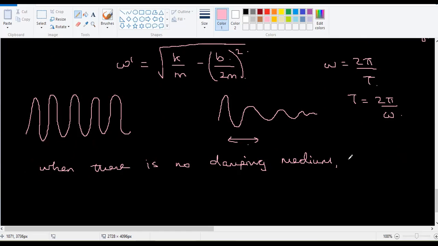What does that mean? b becomes 0. When b becomes 0, omega dash will become the square root of k by m. But I told you omega is nothing but the square root of k by m, which means it matches omega. So the frequency will remain the same.